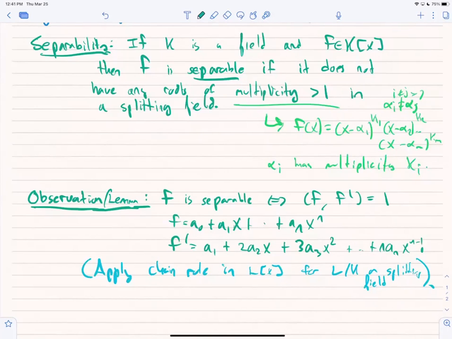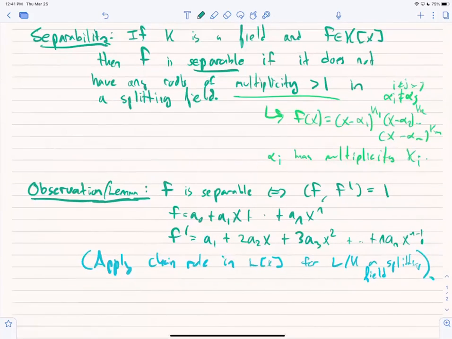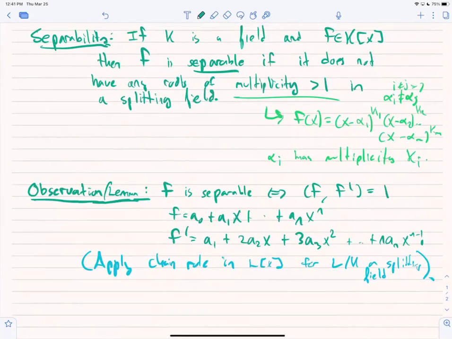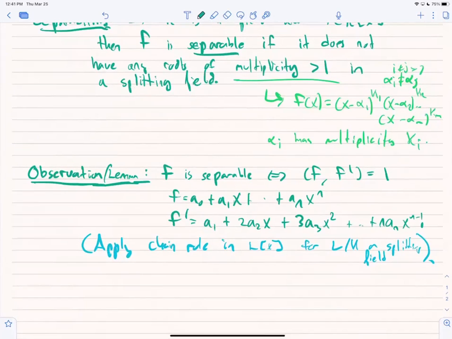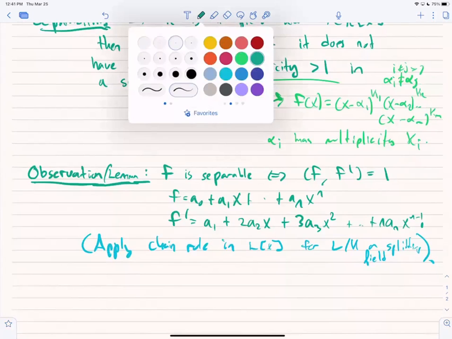So it'll be interesting to us to know when an irreducible polynomial is separable. I'll say more about that in a minute. But let me just write down some examples first.